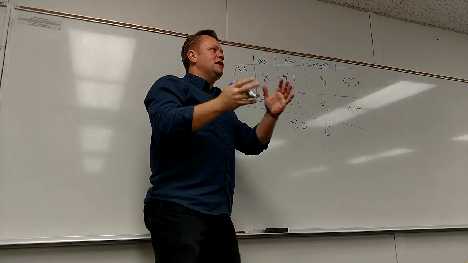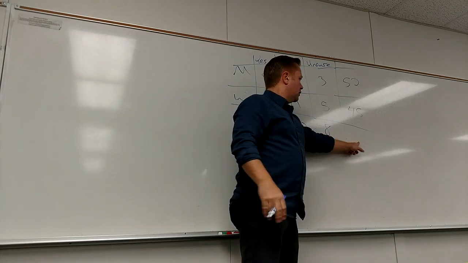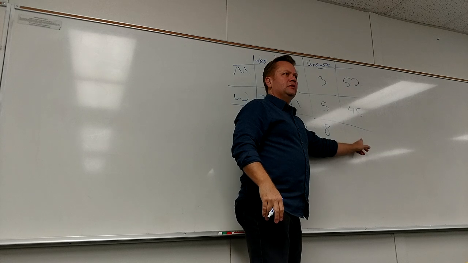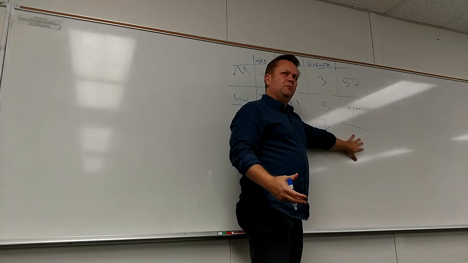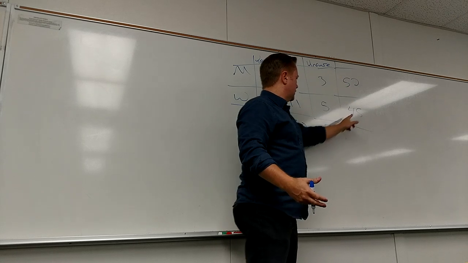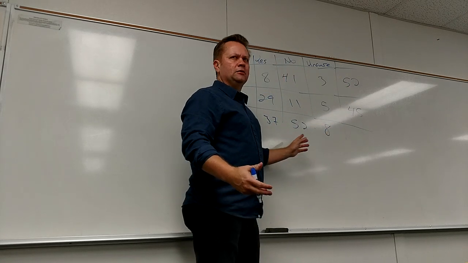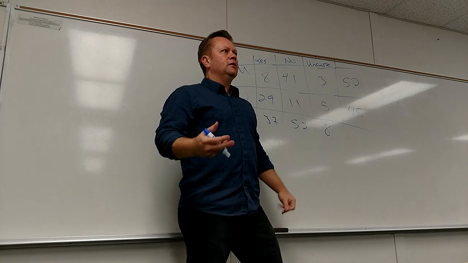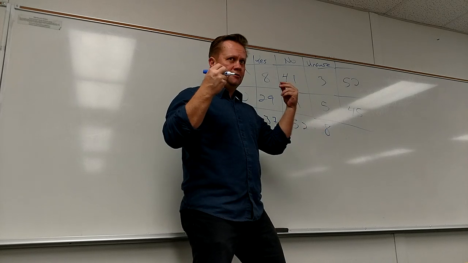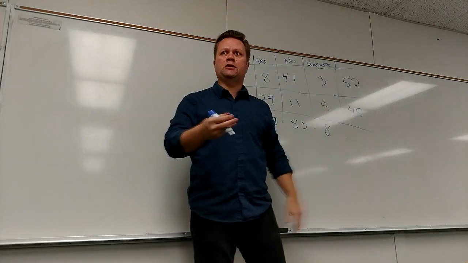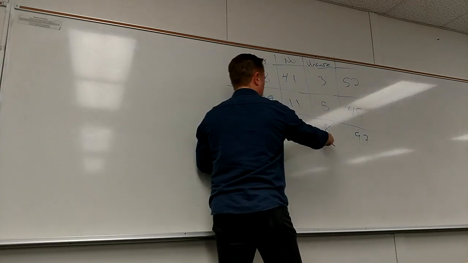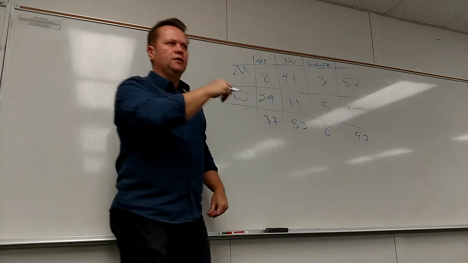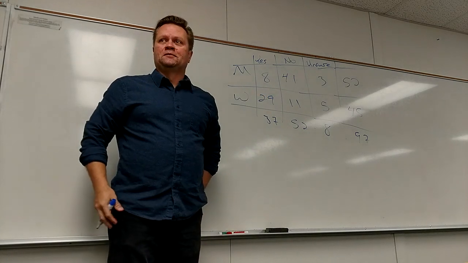Now the next mistake I see: what number should go here? This number should represent all the people. But I have people that do this plus these. What's wrong with that? You counted everybody twice. So the right way to do this is to say, okay, that's 97, and then just double check. This better also be 97. Thank God it is.